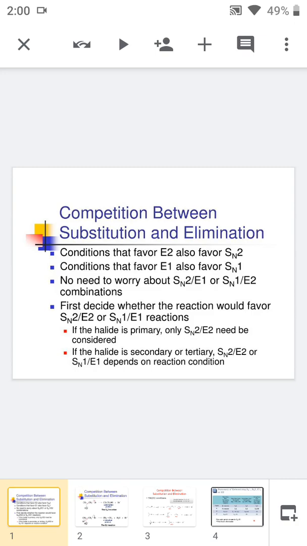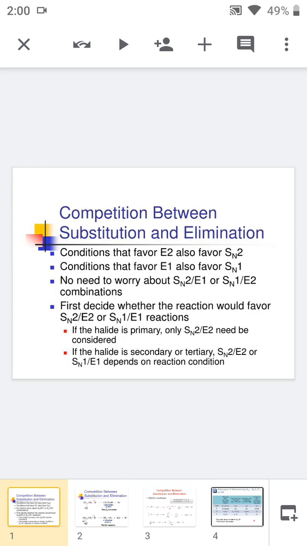So first of all we have to decide whether the reaction would favor SN2, E2, SN1 or E1. If the halide is primary, then SN2 or E2 need to be considered, because in both the SN2 and E2 reactions a transition state is generated.